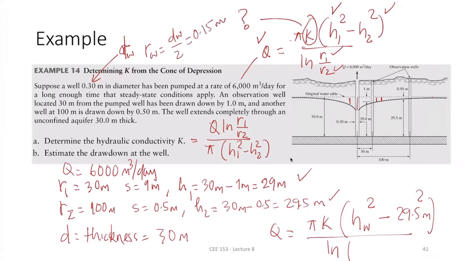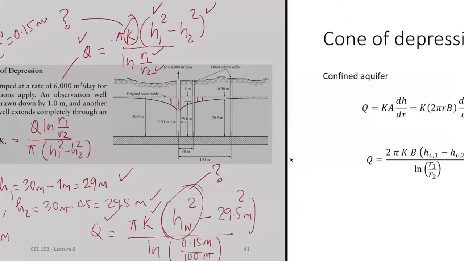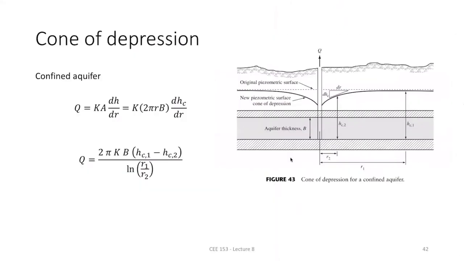So that means you can write R1 as the well radius, 0.15 meter, divided by R2 corresponding to 100 meters. You know the K because you just calculated before. You plug the value here. You know the Q. You know everything else. The only thing we are solving for is this. So you should be able to calculate. So that's for the confined aquifer.